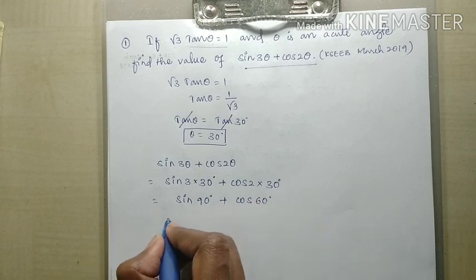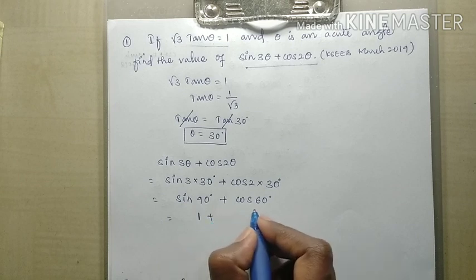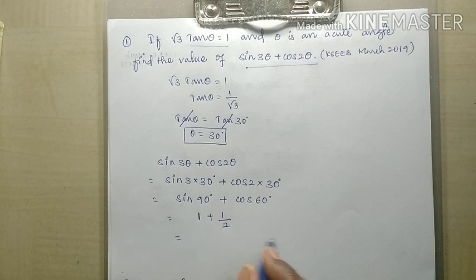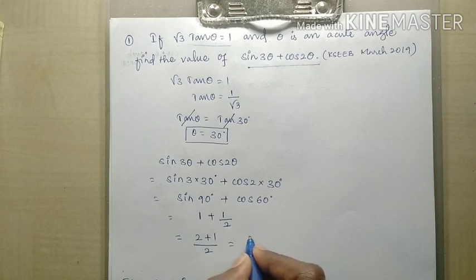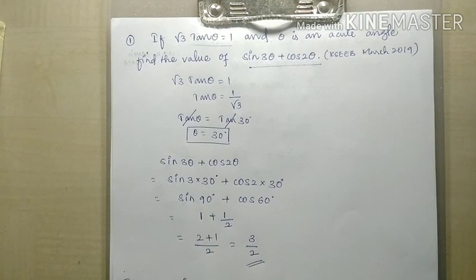So sine 90 degrees is 1 and cos 60 degrees is 1 by 2. So take the LCM. 2 ones are 2 plus 1 by 2, that equals 2 plus 1, which is 3 by 2. So this is the value of the given equation.